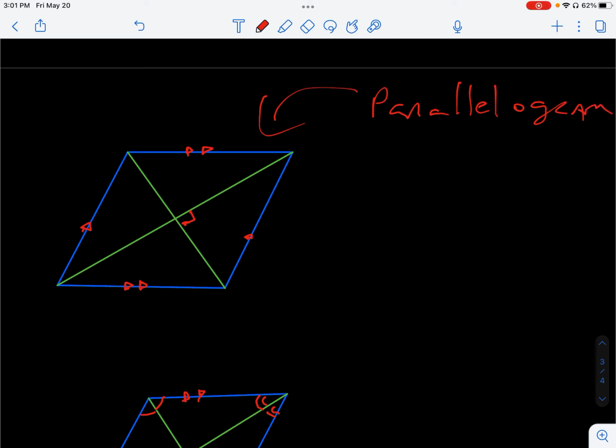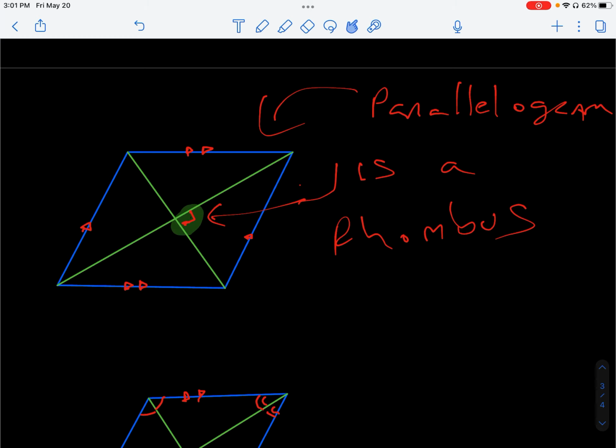And we have our green diagonals here, and we can see right here in the middle a little box that indicates that those are perpendicular to each other, which would mean that this is a rhombus. Conversely, we also know that if it's a rhombus, the diagonals are going to meet at a perpendicular.